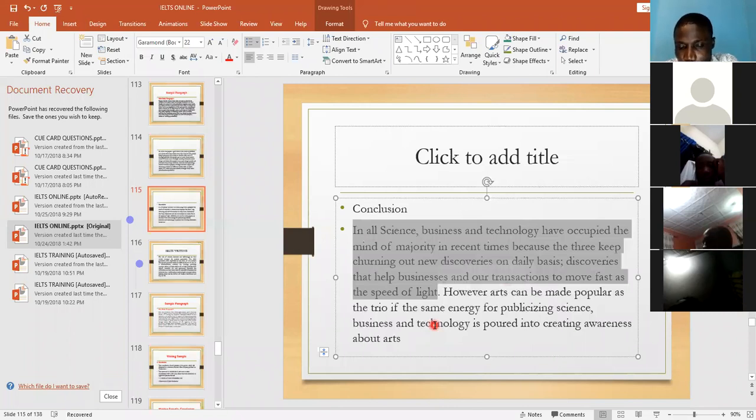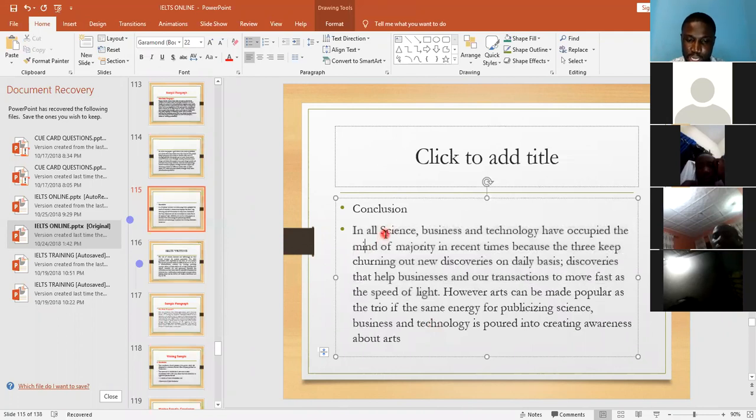So I hope this has been very helpful, because one of the things you will notice I keep doing is finding alternate words instead of repeating popular, trendy: awareness in the mind, publicity.